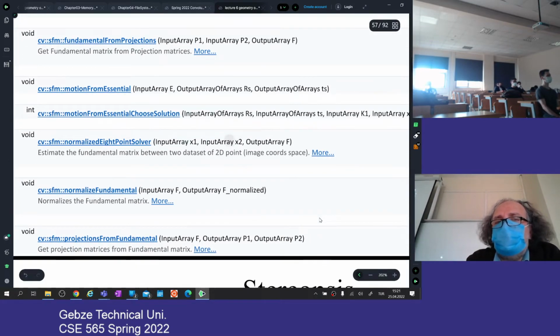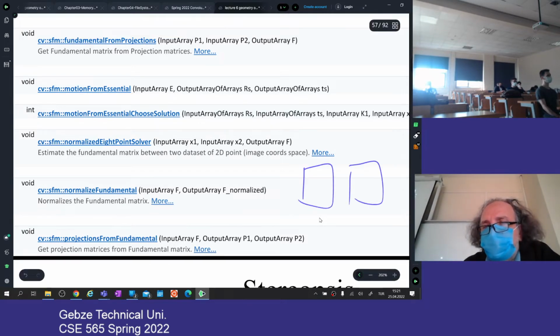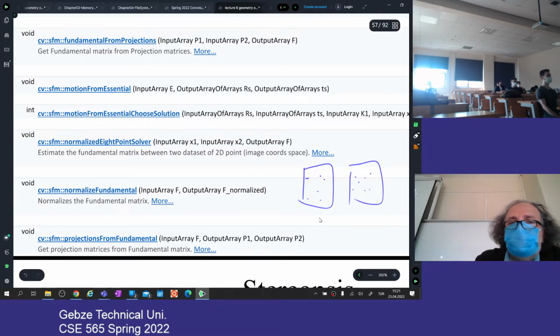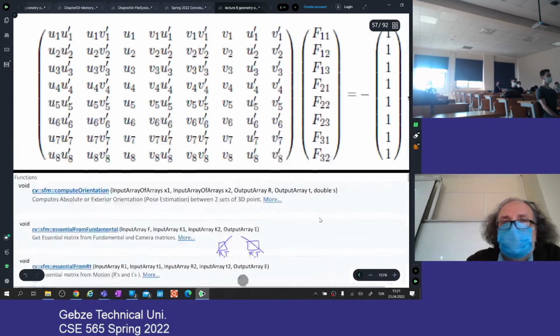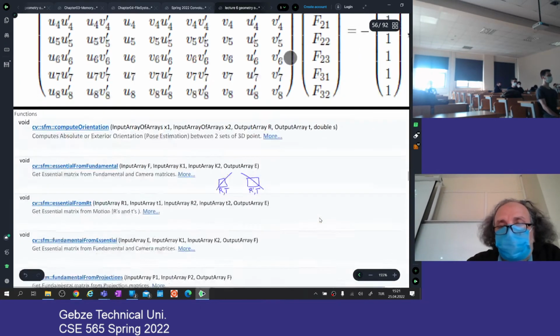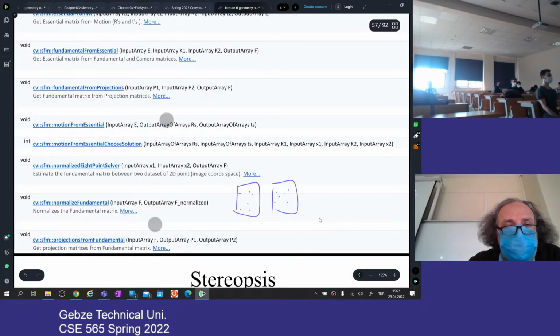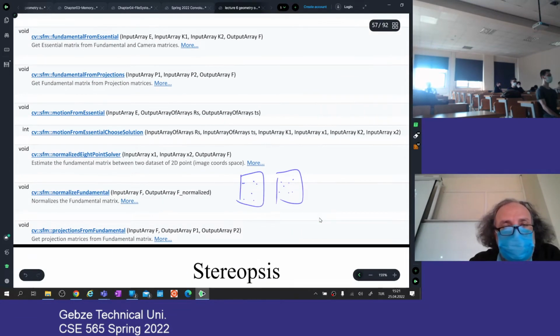If you give me correspondences of the left and right image, you have two images, many points on the left, and many points on the right. They correspond to each other. Give me those points, and I am going to calculate this fundamental matrix using this method. So that's a good one: the normalized 8-point solver.